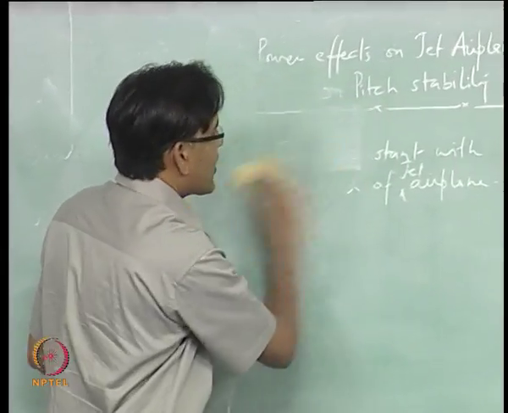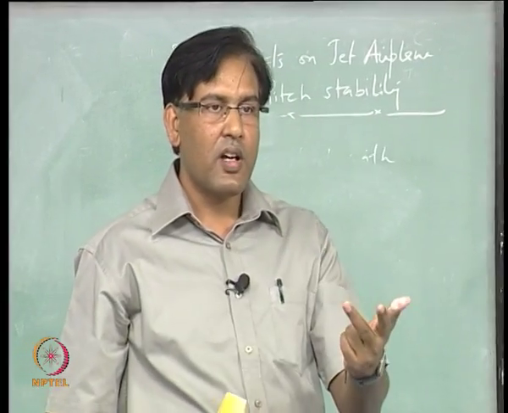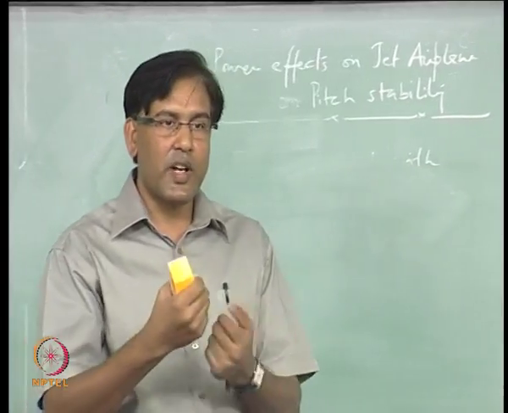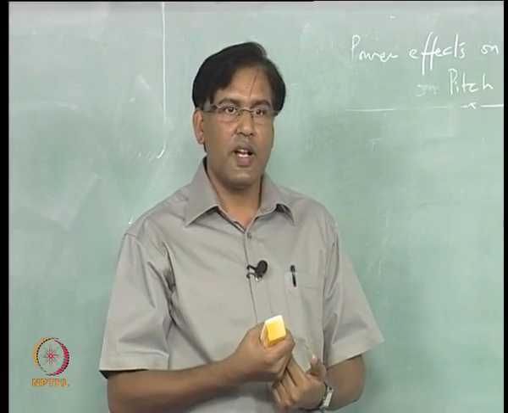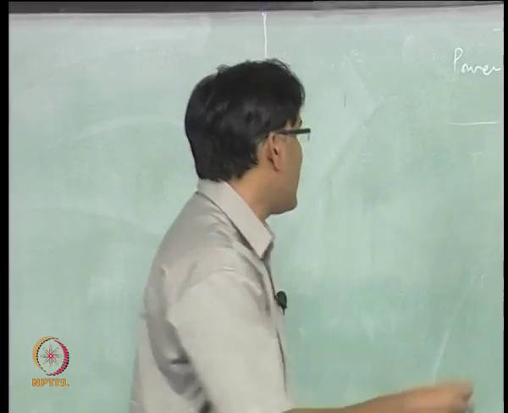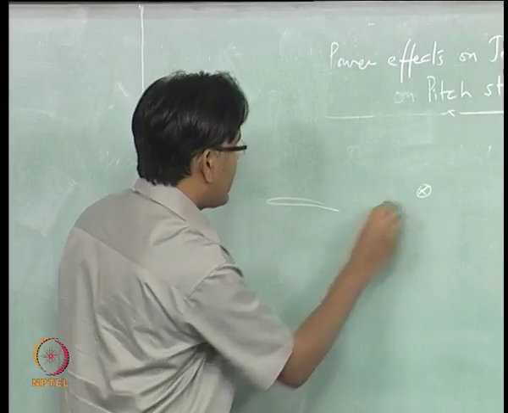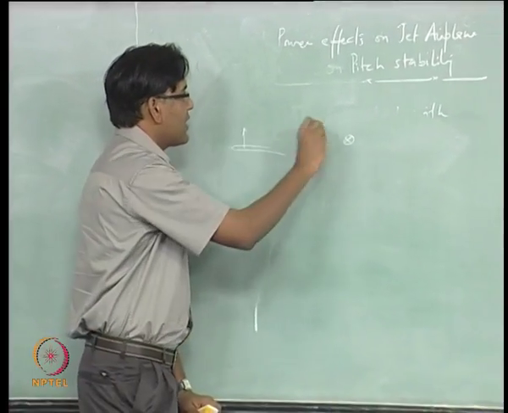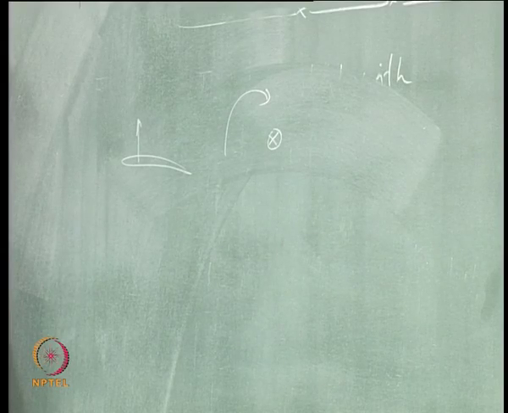So right now we just look at the static stability: you change something and want to see how that is going to affect the stability. It is like a restoring force or restoring moment, right. So you change alpha, how is the restoring moment developing? If I am changing alpha, I know that the lift over this wing is going to increase, so I am going to get an increase in pitching moment, right.